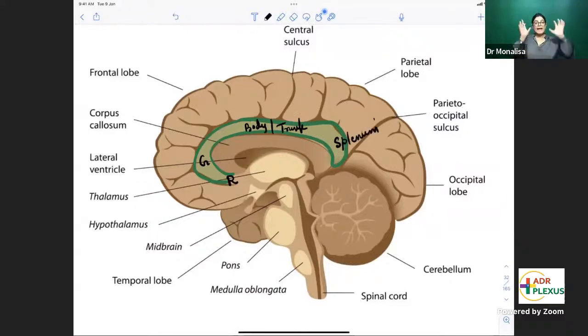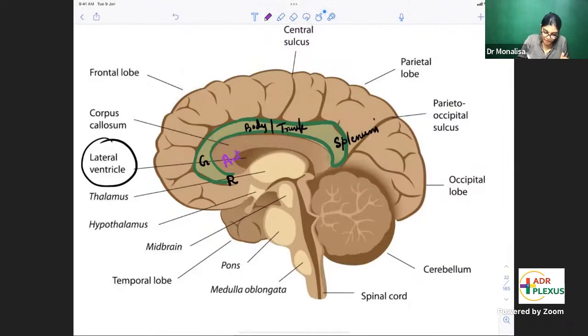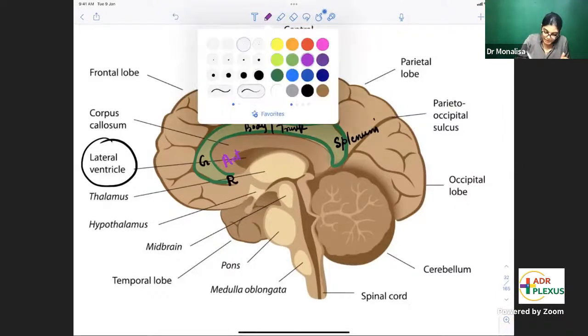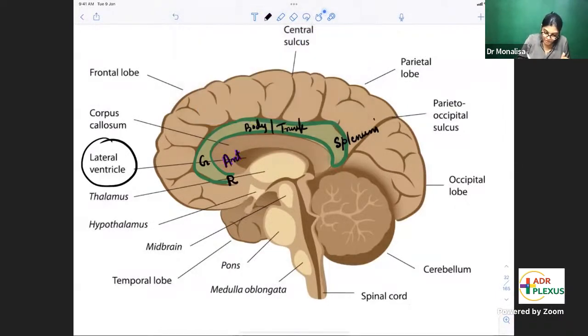Now, the cavity lying inside. Can you see the lateral ventricle cavity has been shown? What I told you is that the lateral ventricle cavity lies in each cerebral hemisphere below the corpus callosum. If you want to divide it, this will be the anterior horn of the lateral ventricle.